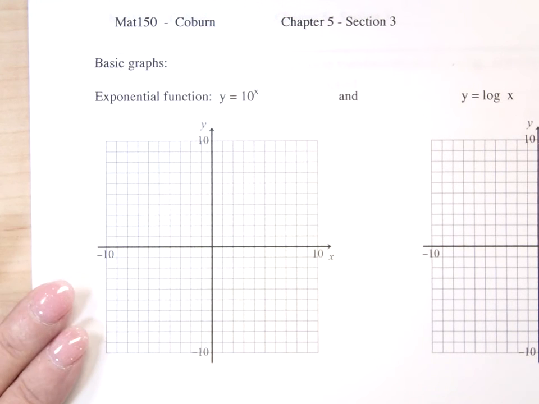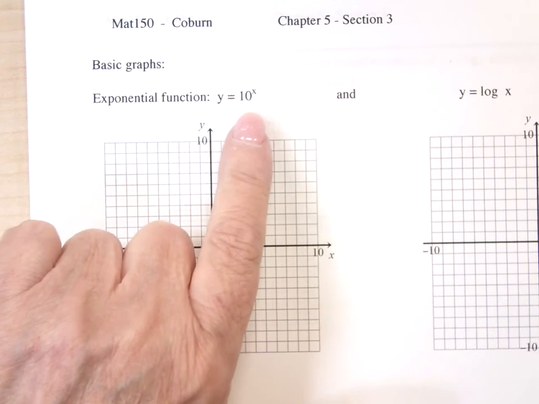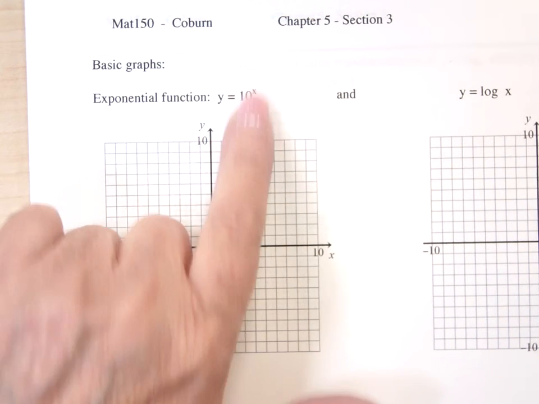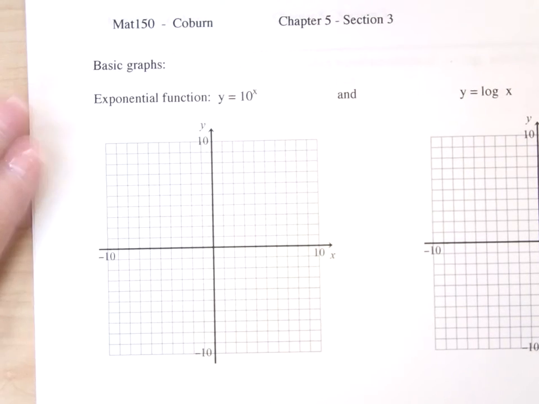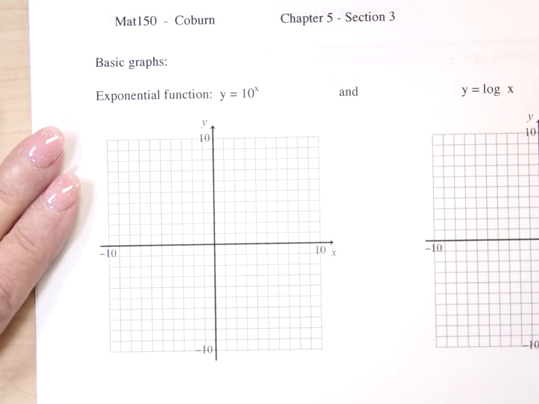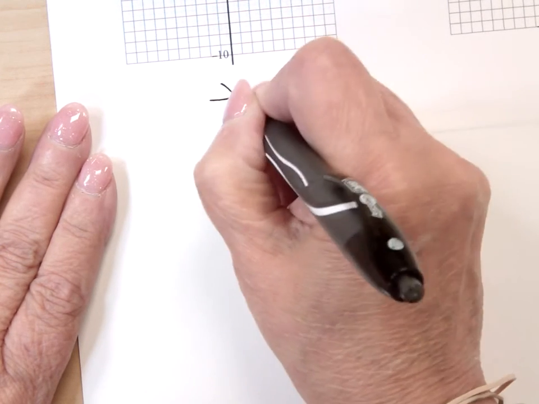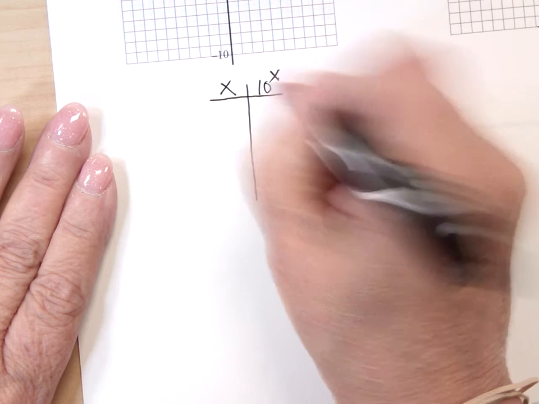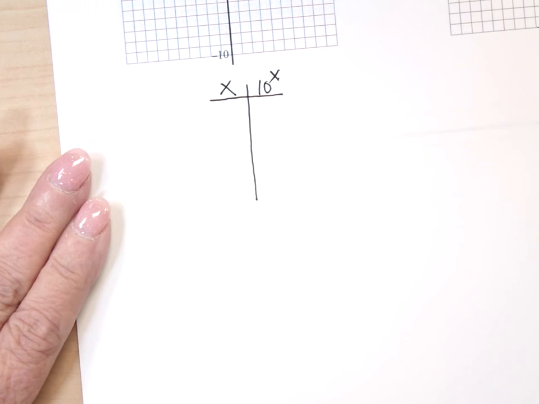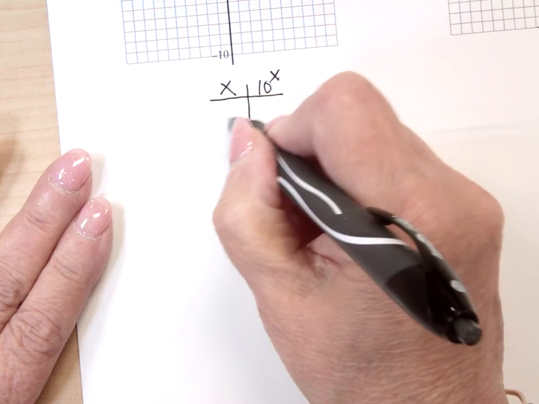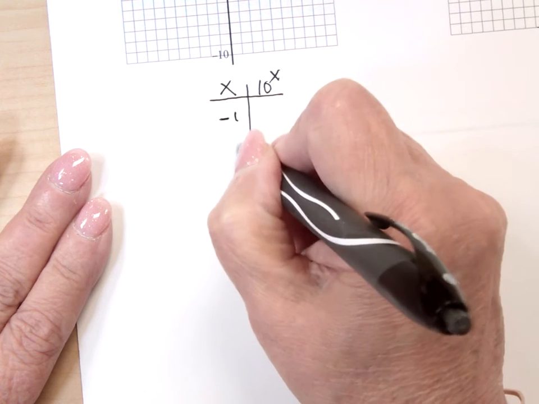In terms of graphing these guys, when you take a look at graphing y equals 10 to the x, the exponential, we knew how to do that. We said the easiest thing to do was the bend, and the bend in the graph was negative 1, 0, and 1.